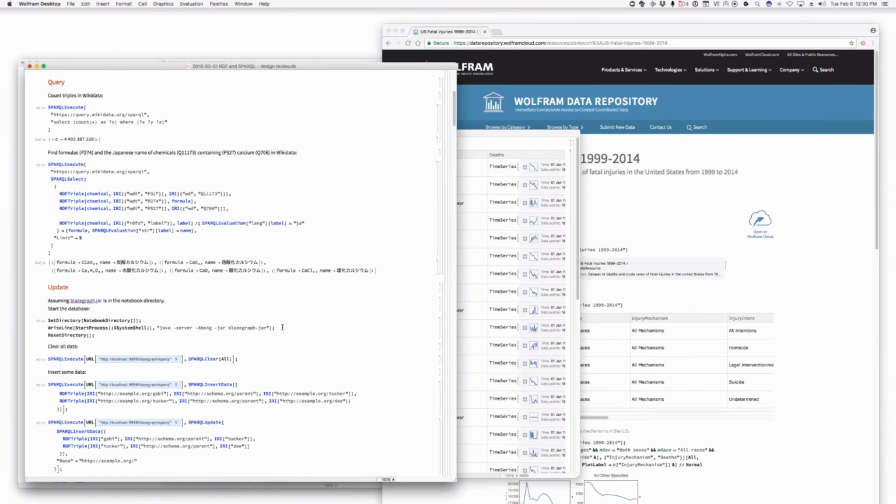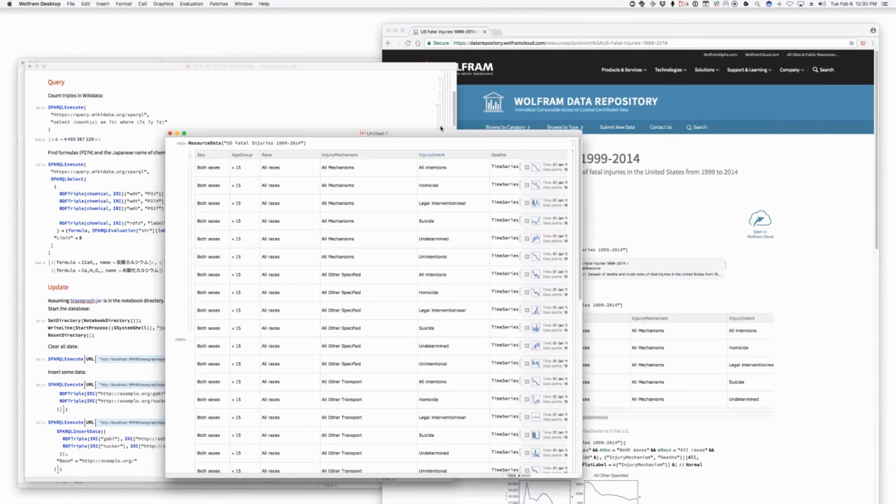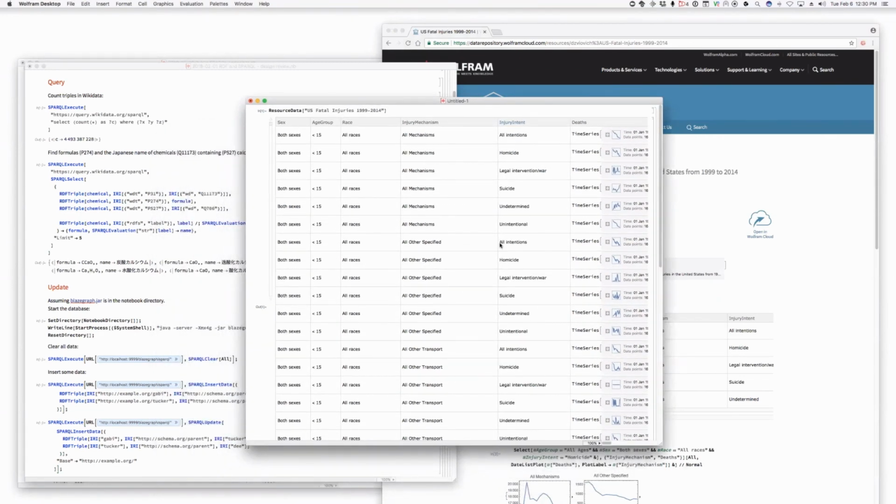Okay. And the idea for this would be something similar, right? That you start a local database server, if you wanted to.